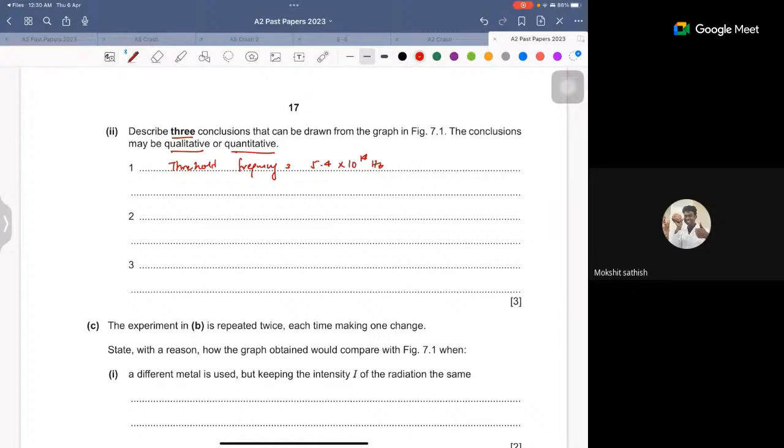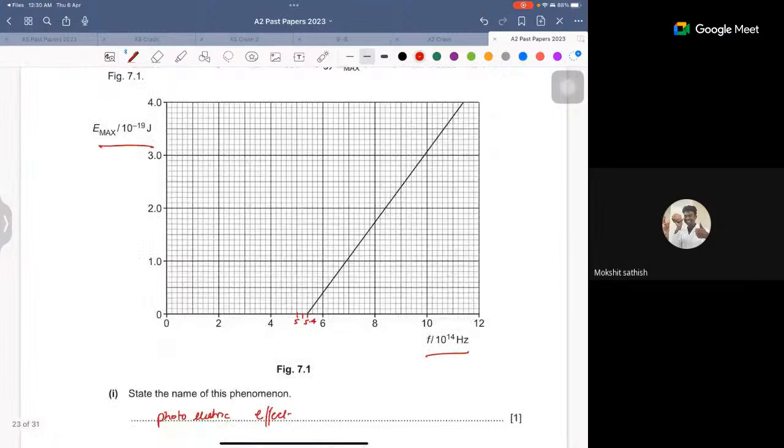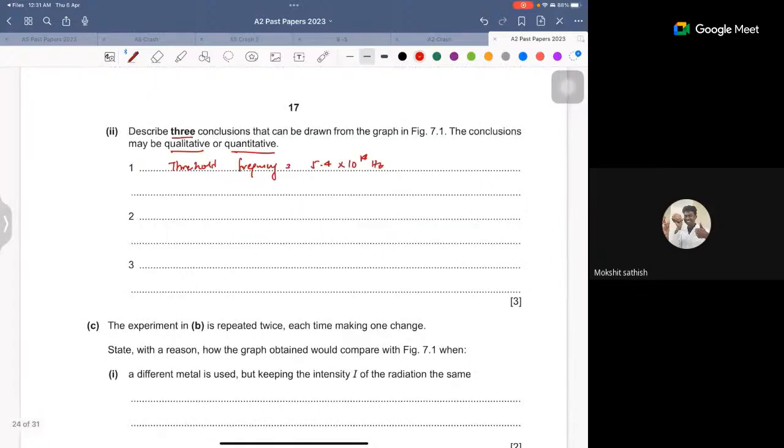What else can we say? If you go here, you see E is equal to hf. So E and f must be proportional, which means energy and frequency are proportional.